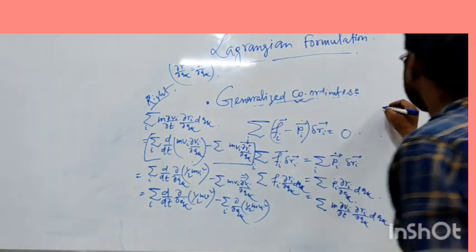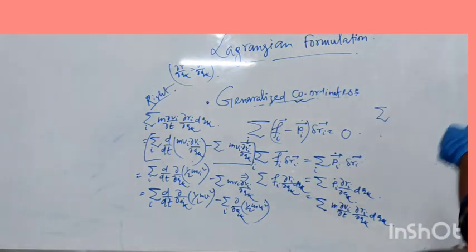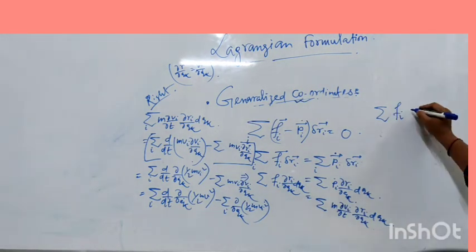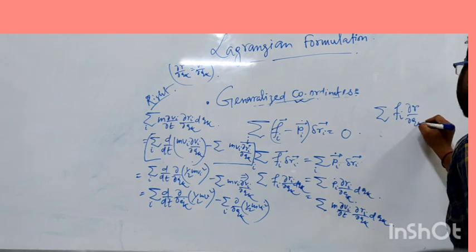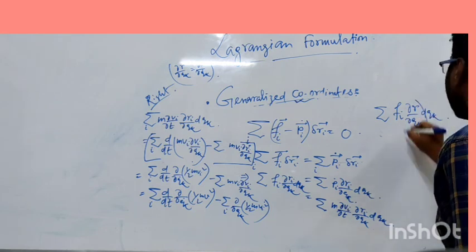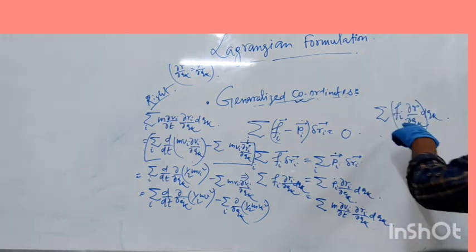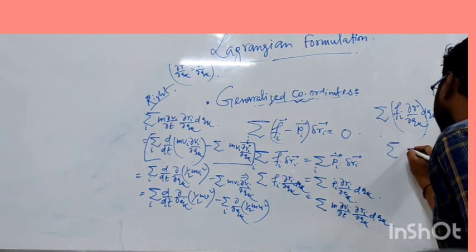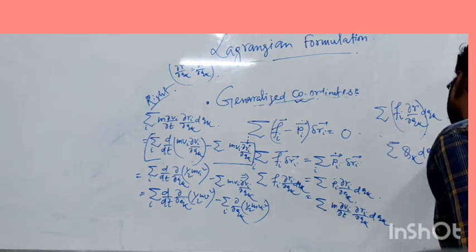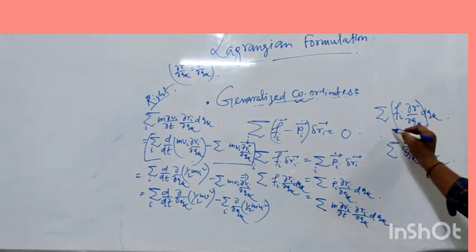What will be the left hand part? Left hand part is equal to Fi into del r del qk into dqk. Now this part, summation of Fi del r del qk, is called generalized force. Why is that called generalized force?